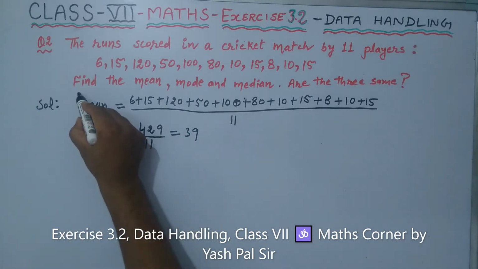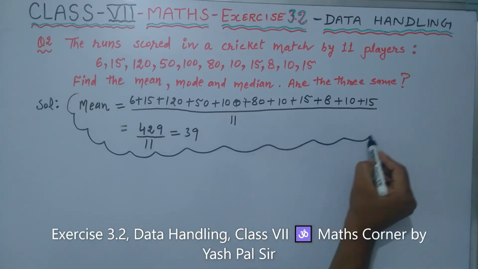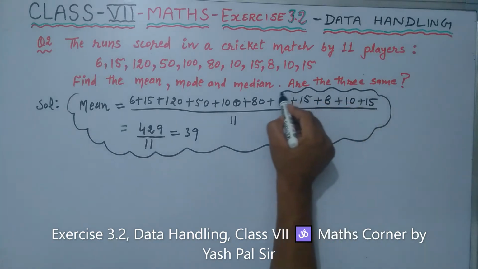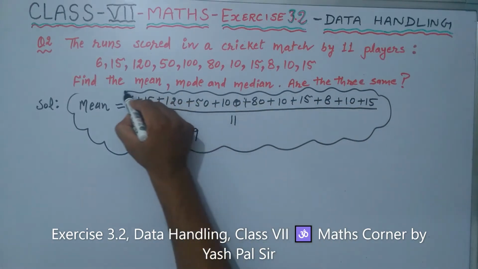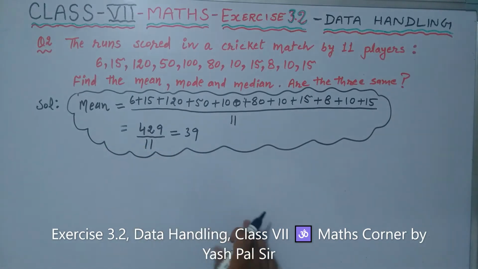So this is the mean. So first task is over. Find the mean. So we have this value. 39 is the mean.